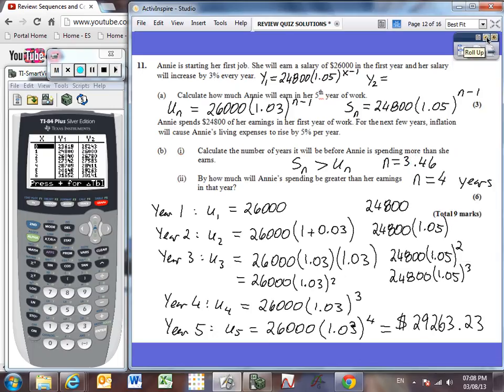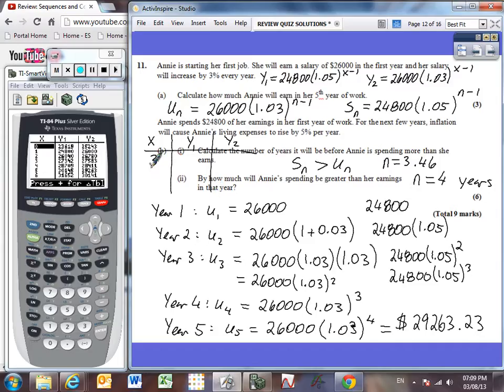And alright, so drawing the table, getting back to the table method, 26,000 times 1.03 to the power of x minus 1. So I've now explained what my y1 and my y2 are going to represent. And now I'll set up a quick little table where my x value, my y1 value, and my y2 value. And so I'll first draw the row where it hasn't quite passed it.